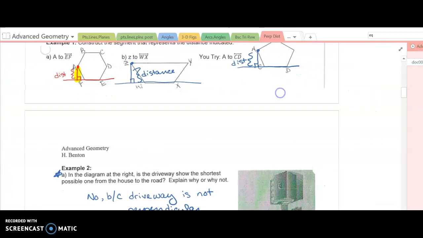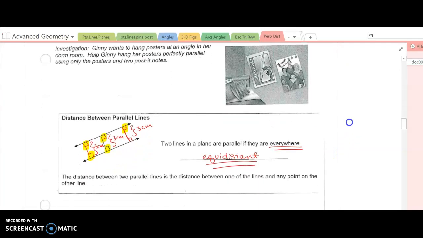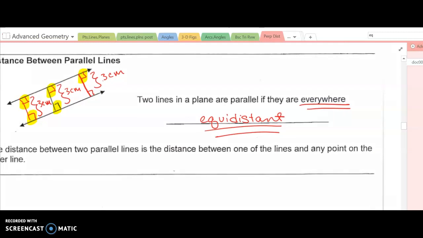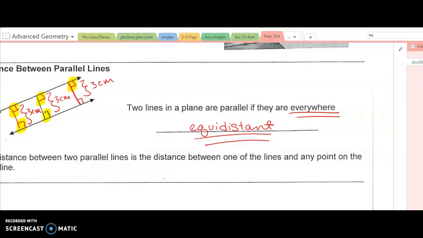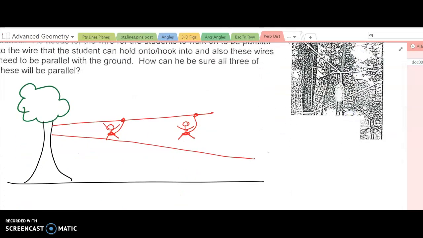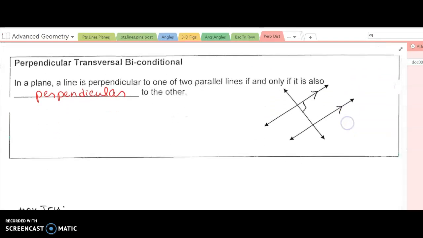And so we discovered some things. We discovered that lines are parallel when they are equidistant all the way anywhere in between them. If it's the same distance, then those lines are parallel. And then when we left off, we figured out this new postulate, the perpendicular transversal biconditional.